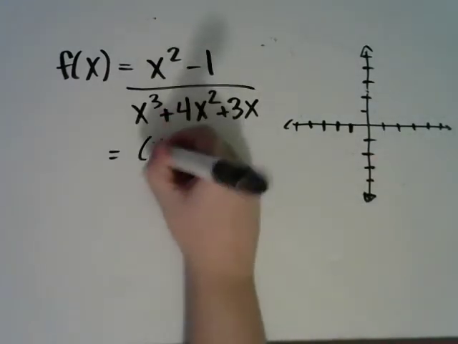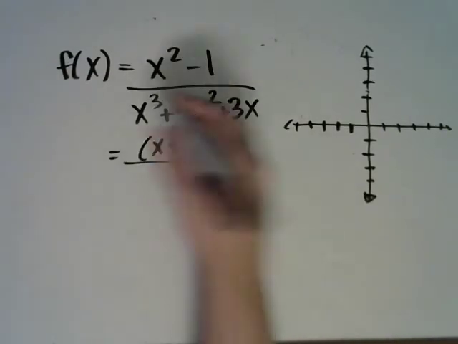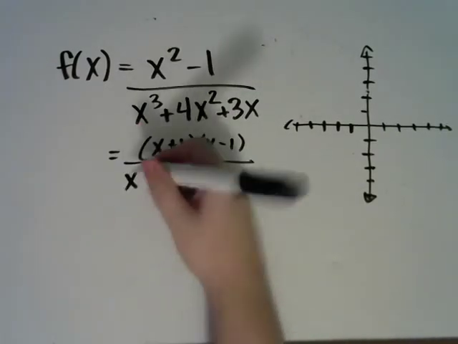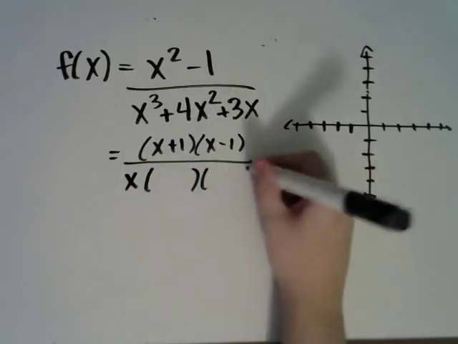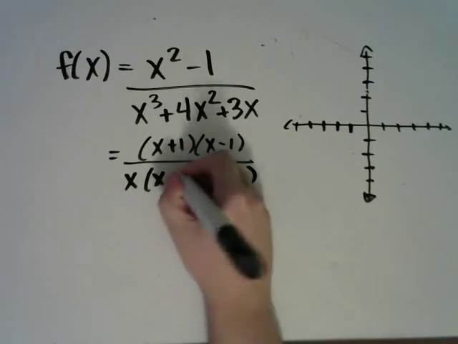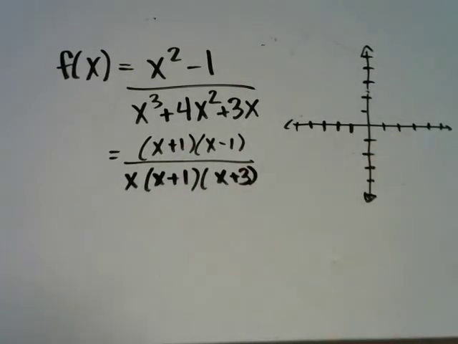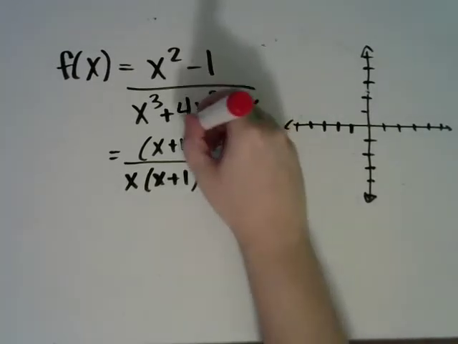In the numerator, we have x plus 1 and x minus 1. And in the denominator, we can take out a common x. And then we're looking for numbers that multiply to be 3 and add to be 4, which is 1 and 3.